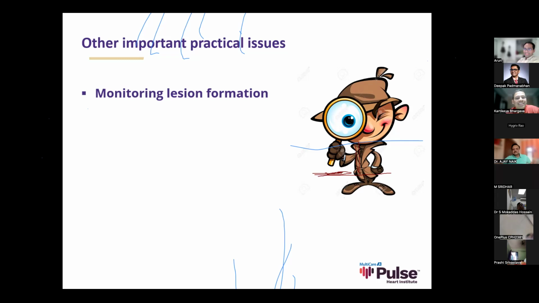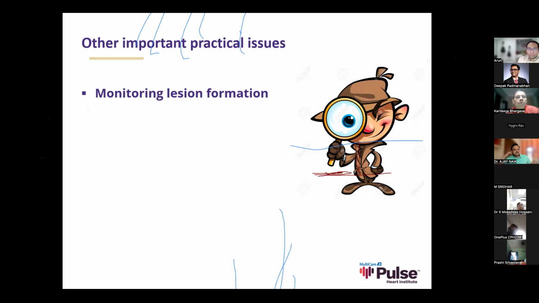Impedance basically means that there is resistance to flow. So when your catheter is outside the body, your monitor will still show the impedance, but it will show more than 999, because the circuit is not complete. As soon as you complete your circuit, if you are in contact with the myocardial tissue, you will have an impedance in the usual range.